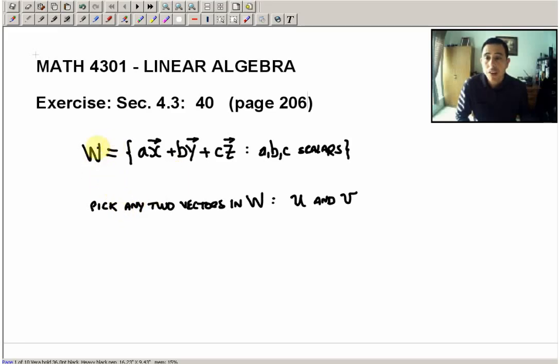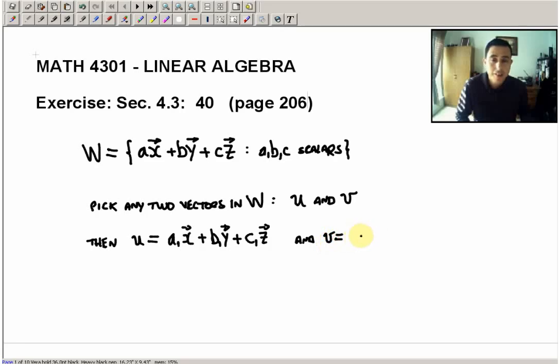So let's pick two vectors in W. Okay, I picked U and V. So they're in W, therefore U is a linear combination. So let's write here like A1 X plus B1 Y plus C1 Z. And V is also in there.